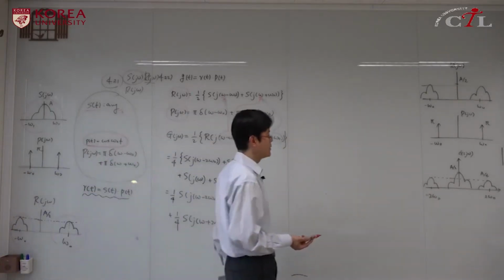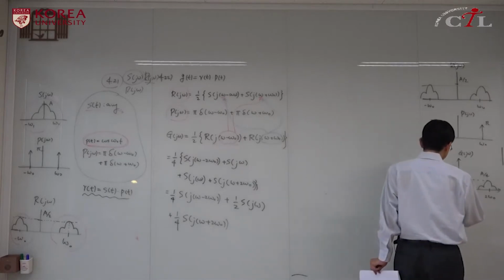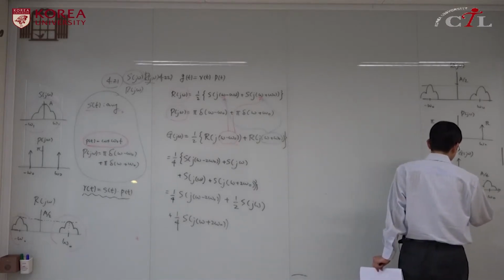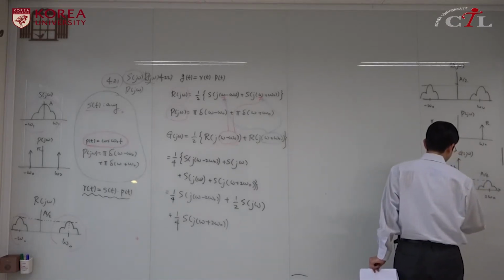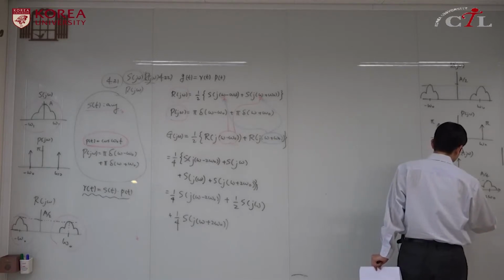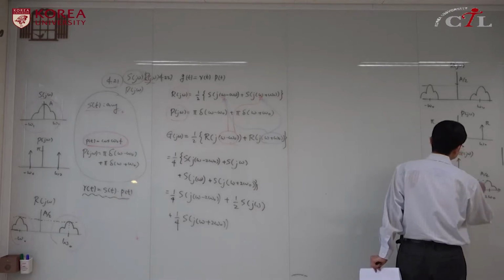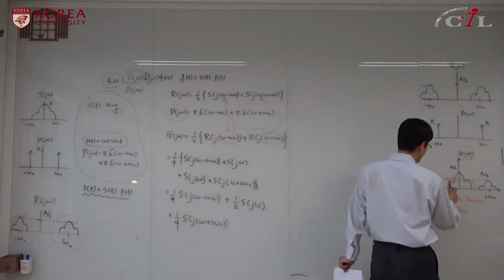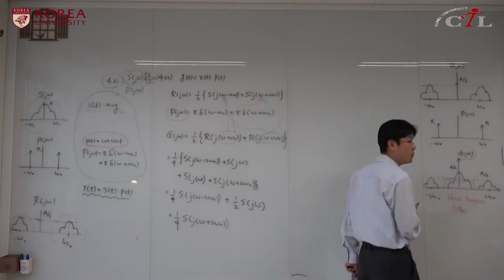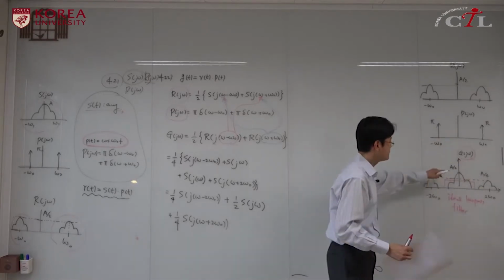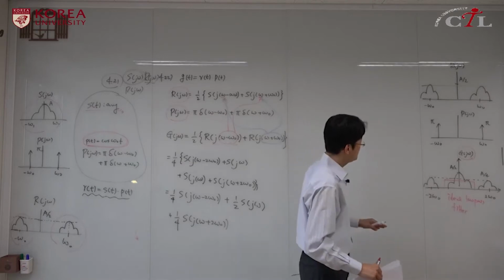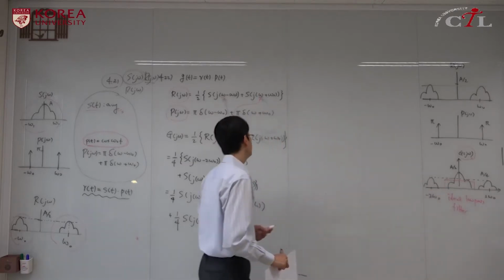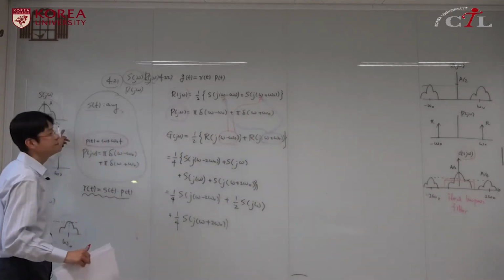Then, what will happen if I put an ideal low-pass filter to this G? Then, we will recover the original S(jω), only scaled by half. So I just multiply by 2 and I can recover the original signal.